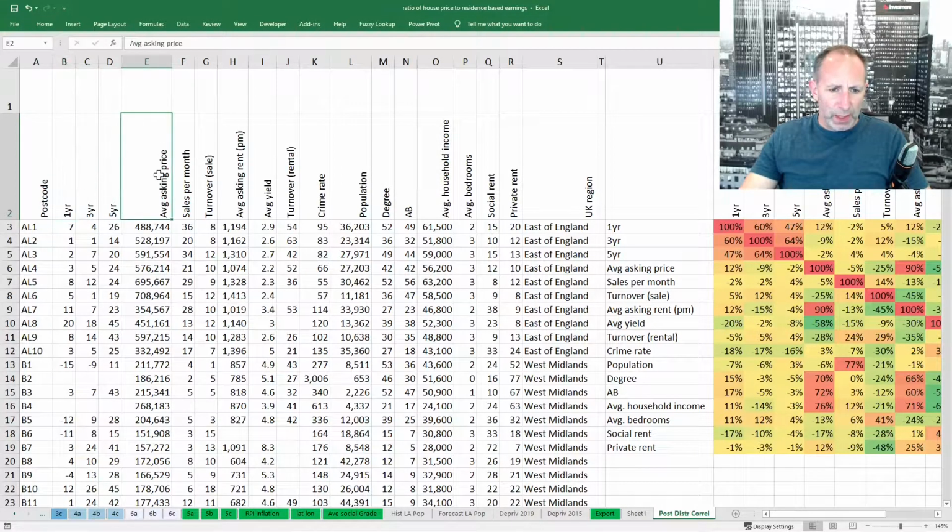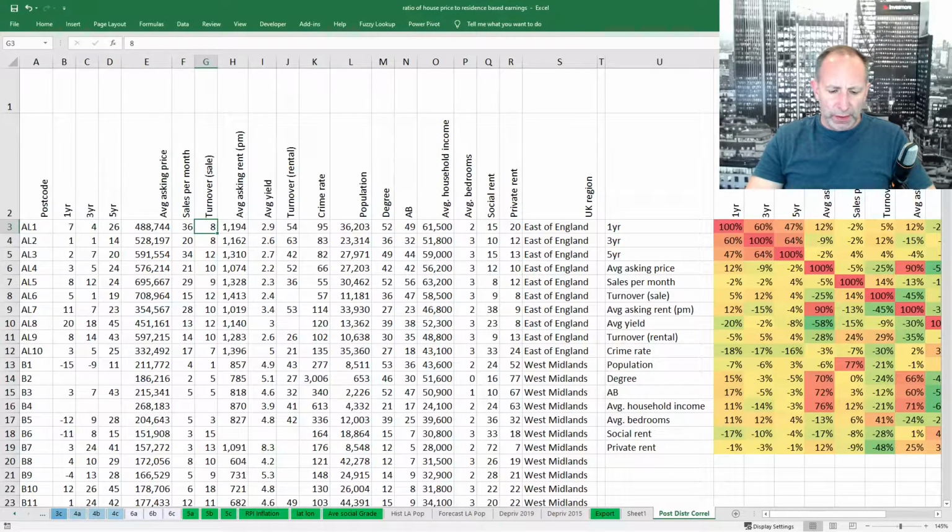Next is obviously asking price. These are the averages of properties that have been put on the market, the average asking price for all those properties within that given postcode district. Sales per month is just the absolute number of sales for a given month. Turnover is quite an interesting one.